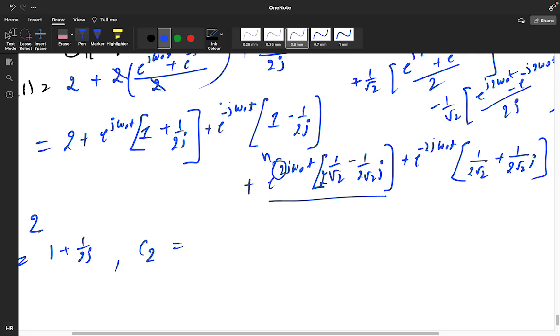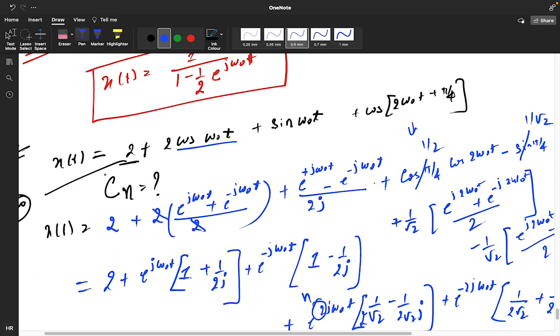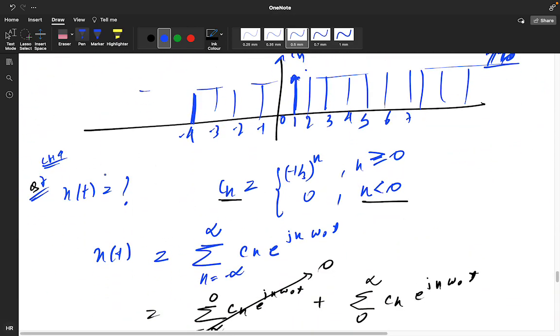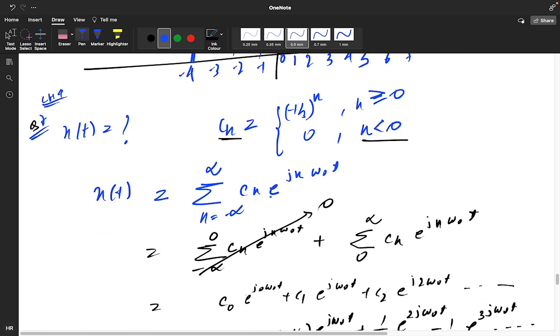The formula of Cn, I hope you remember, I told you just now. We are getting an expression like this. So the plus term denotes the positive index.